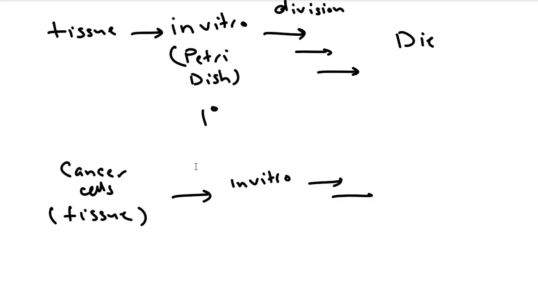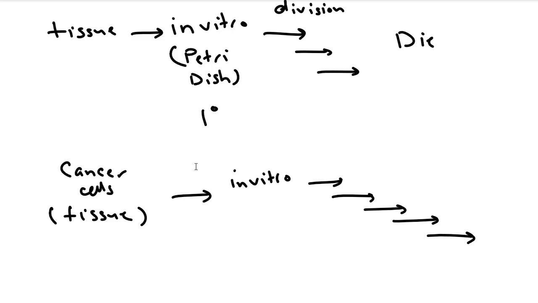They can divide and divide and keep living. So you have an indefinite supply of cells. If I need 2, 3, or 4 plates of cells, I let the first plate divide, then I split them into the 4 different plates, and they will again divide and fill up that plate.